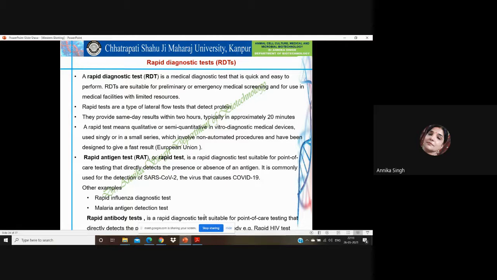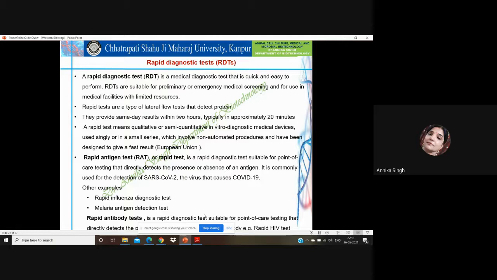And this rapid diagnostic test, particularly the rapid antigen test, totally depends upon the collection of the sample. If the collection is not proper, then it shows a false negative test, and if the sampling is proper, then it shows an accurate result.